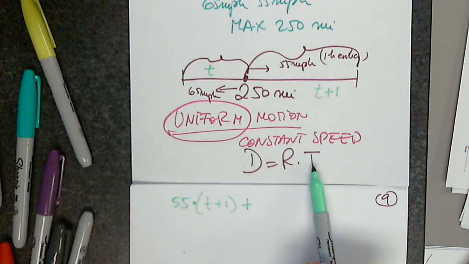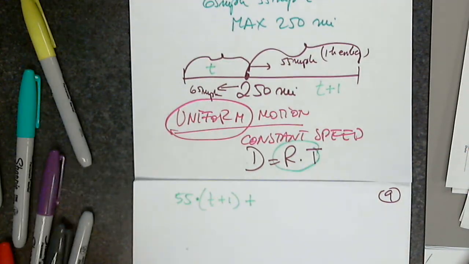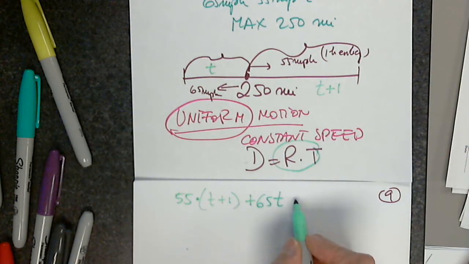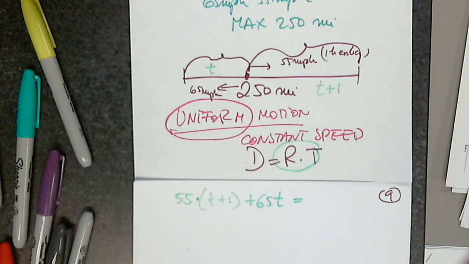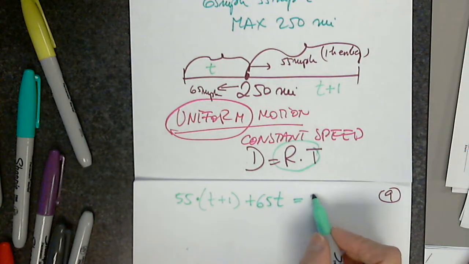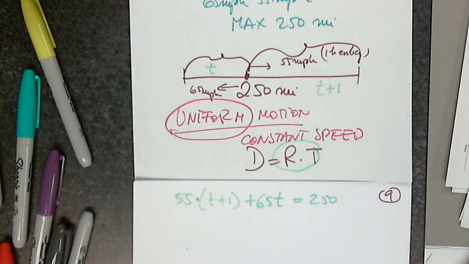R cannot be a distance. The product has to be the distance. It would be 65 times T. Correct. What will this equal to? I'm going this way, 55 times. 250. Exactly. We're going in opposite directions.